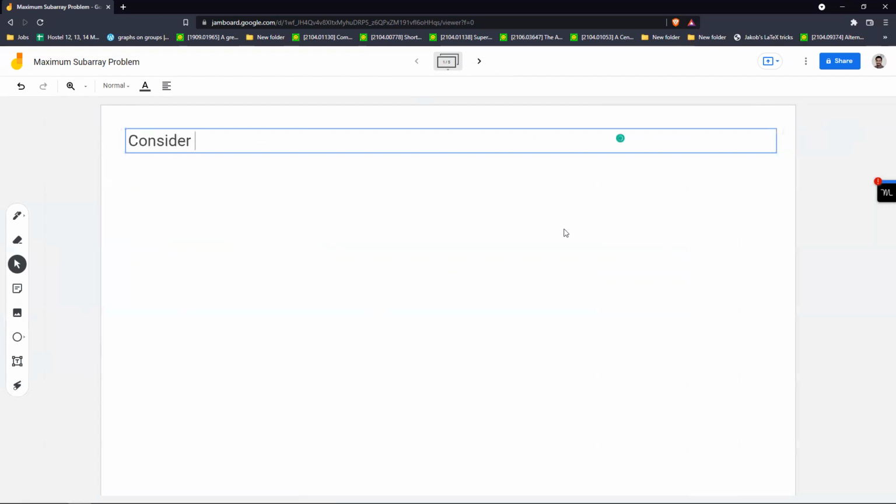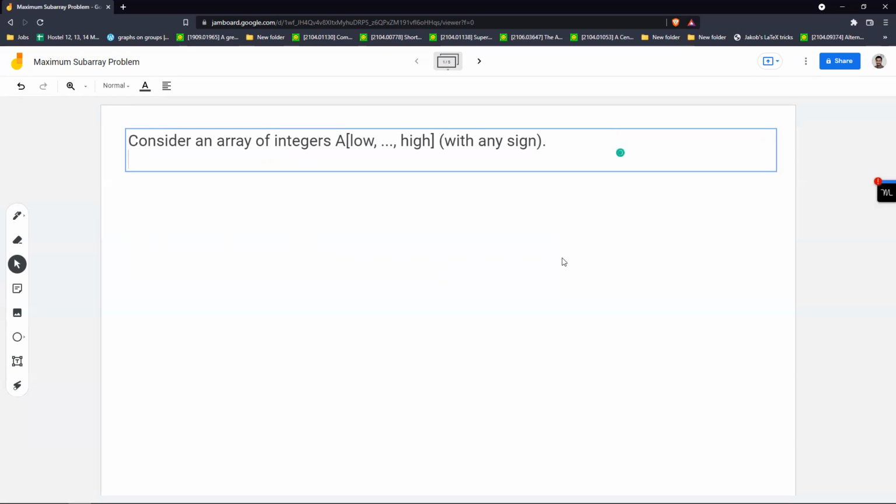So let me repeat. Consider an array of integers A from low to high, with any sign, positive or zero or negative.